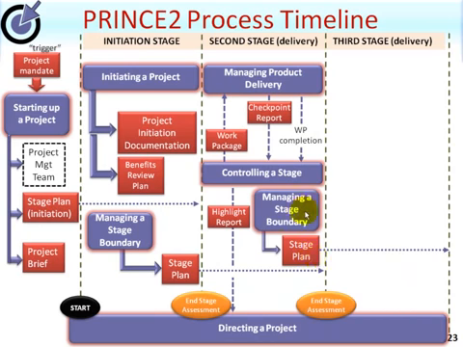Also within managing a stage boundary, the business case will be updated, the project plan will be updated, the benefits review plan will be updated, because after all, during a stage, some benefits may have started to be realized. Even if this isn't the case, it may well be as a result of business changes that the business case is updated with slightly different benefits, in which case the benefits review plan would need to also reflect this change at the end of each stage.